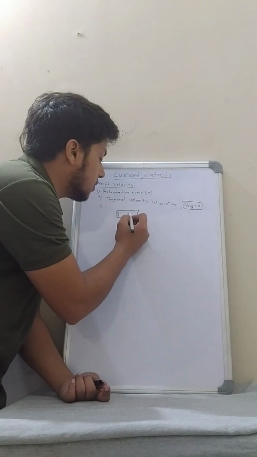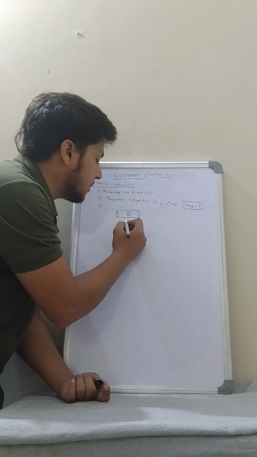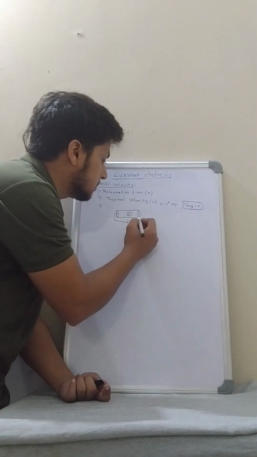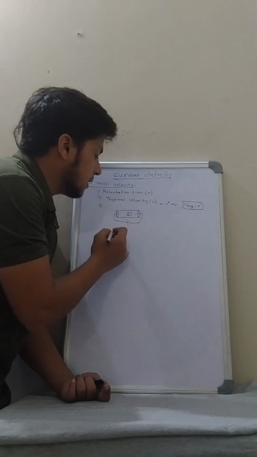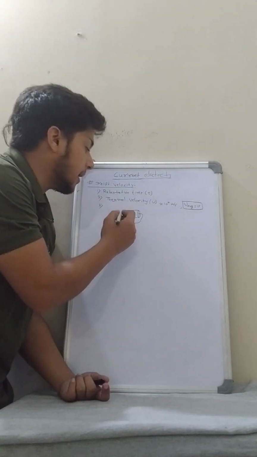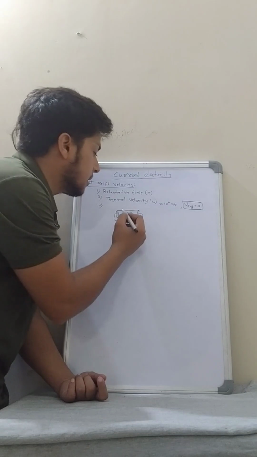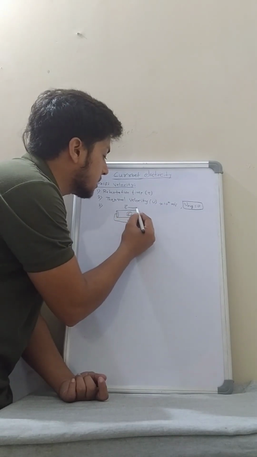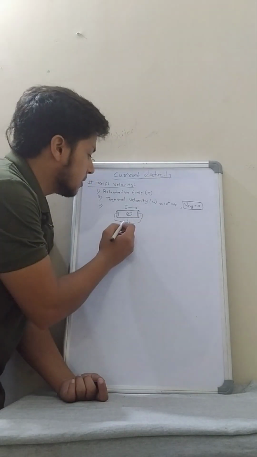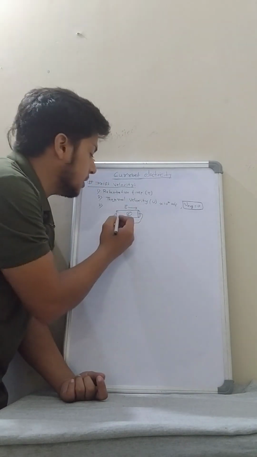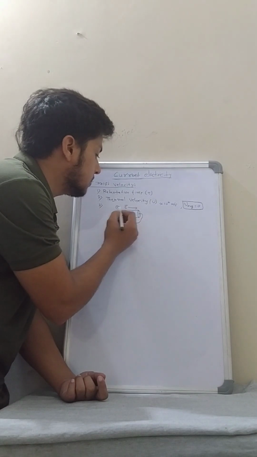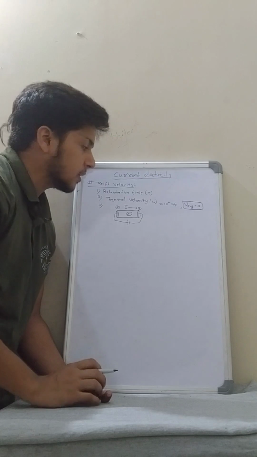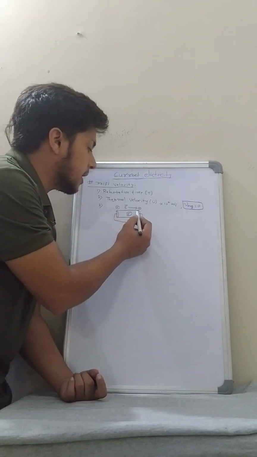Suppose this is one of those, and when you apply a potential difference across it, an electric field E will be set up. The direction of electric field is from positive to negative, so the electric field will be in this direction.